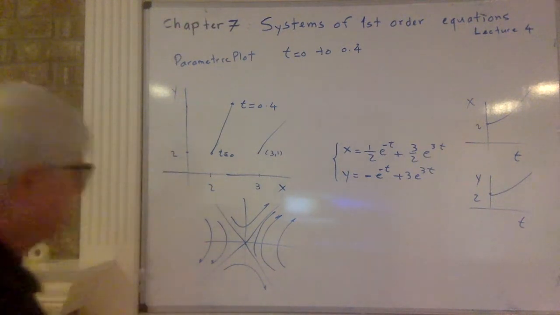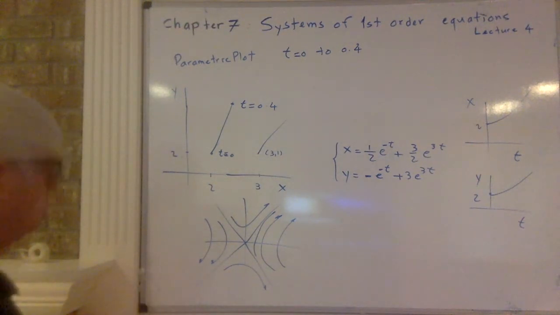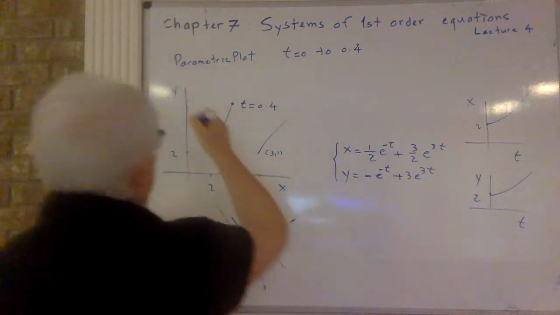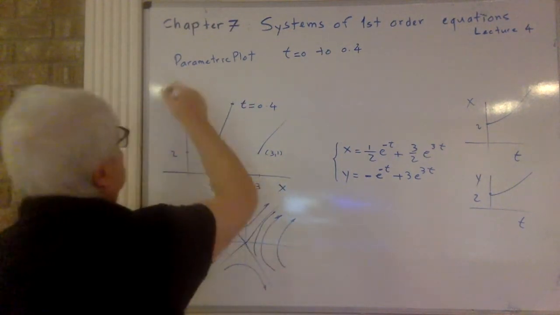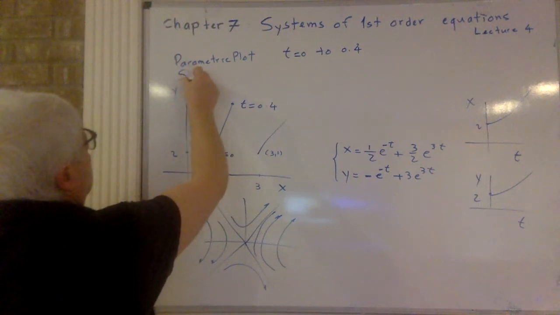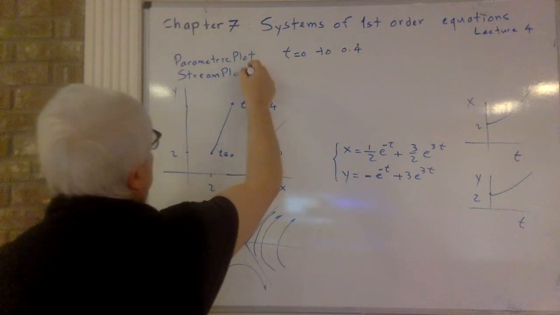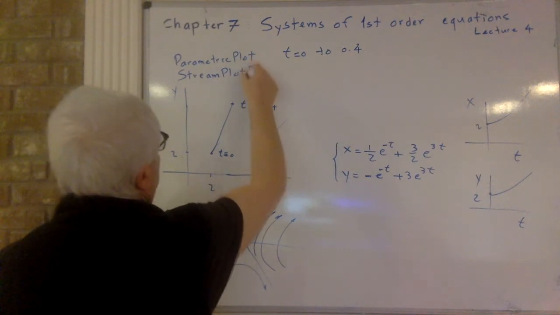And how do you graph this thing on Mathematica? It is in fact called a stream plot. You can use StreamPlot.